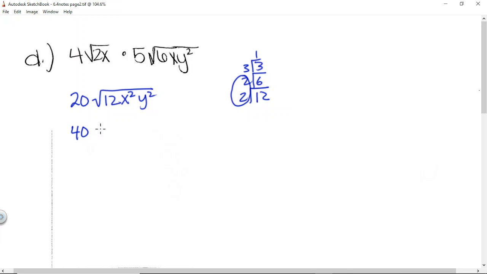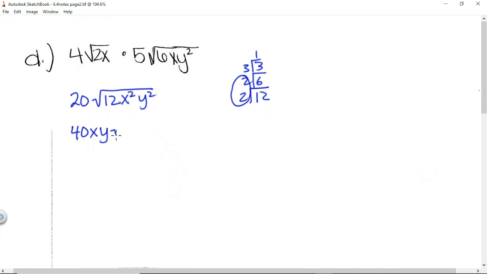What about the variables? So we're looking for groups of 2, and we have x times x, right? X squared. So that's a single group of 2. So out comes an x. With y, similarly, we have a single group of 2 y's. So since it's only one group, we bring out the other y.